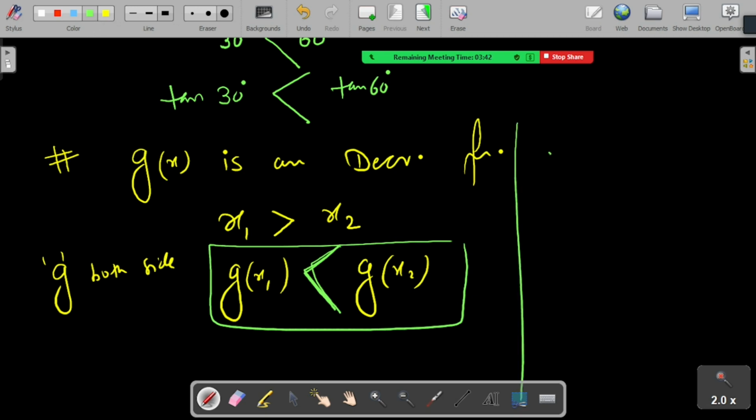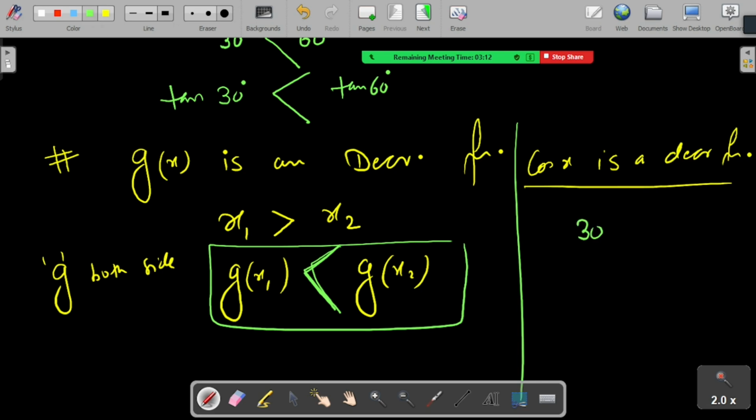Have you understood this? Let us take an example. Cos x is a decreasing function.